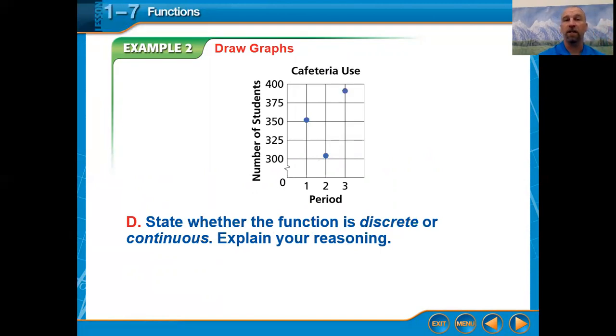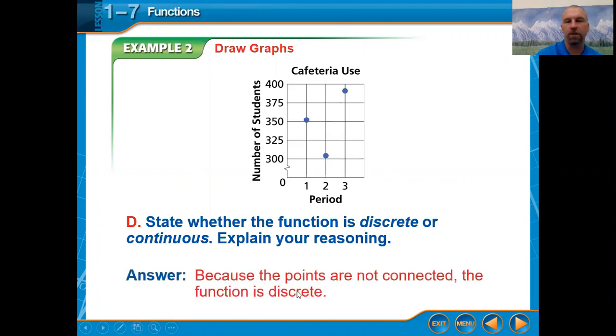Continuous is connected. If you just remember, discrete is dots, continuous is connected line, that's how you can determine which one it is. We'll talk later about why things are discrete or continuous. Right now, I just want you to know the definition of it. So this is discrete because the points are not connected.